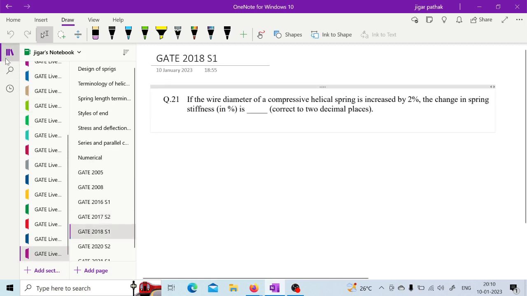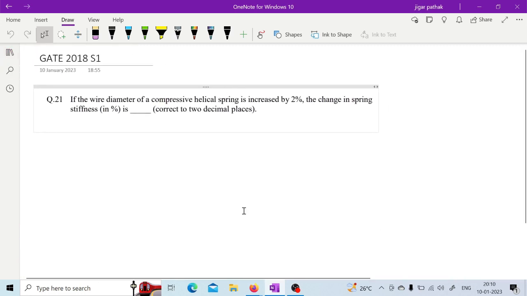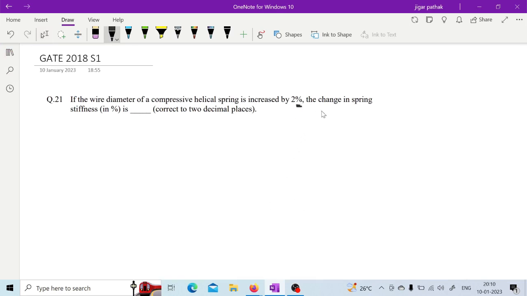So the next is, if the wire diameter of a compressive helical spring is increased by 2%, what is the change in spring stiffness in percentage? You can calculate this, I guess. First you have to have an idea of how this spring stiffness is related to your wire diameter.